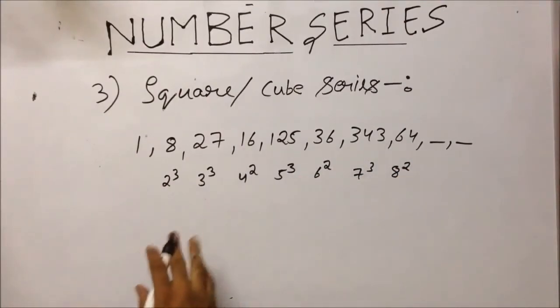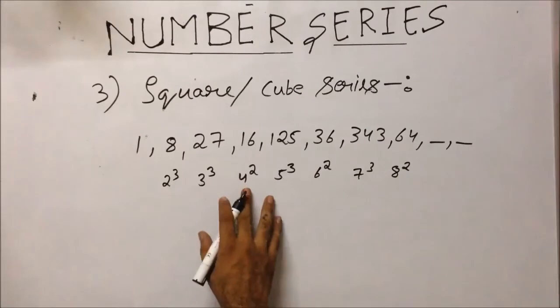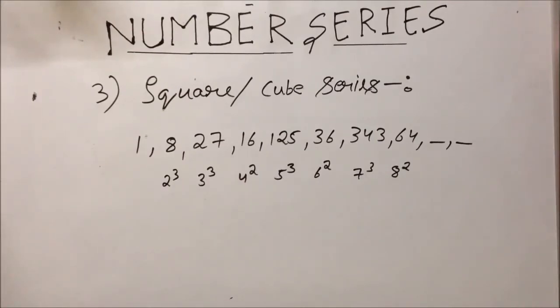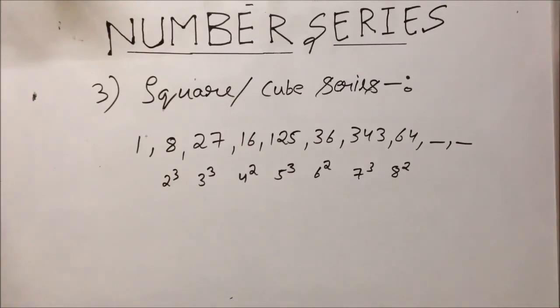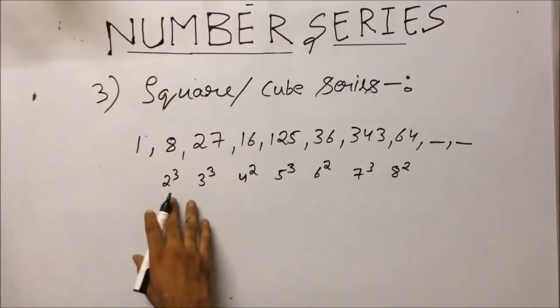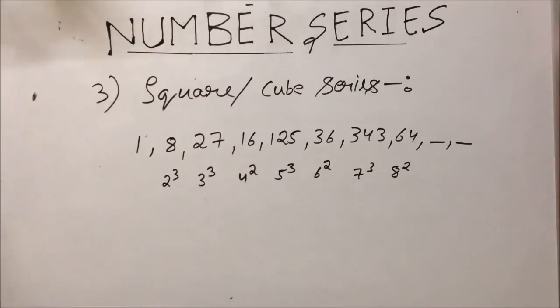So here we are getting either somebody's cube or somebody's square. So there is no definite pattern in this, and it could be either one's cube or one's square. So this question is a mixture of square and cube.